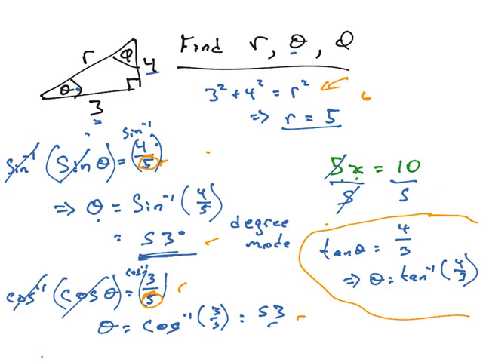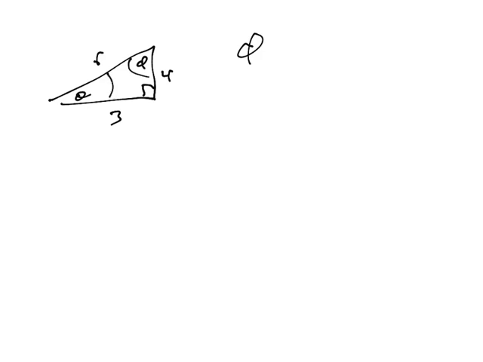Now notice there's one more thing we need, which was, if this was 3, this was 4, this was theta, this was phi, this was r, we also wanted to find phi. Now, how can I find phi? I have 2 methods, or actually I guess 4. I could do phi the same way I did theta.